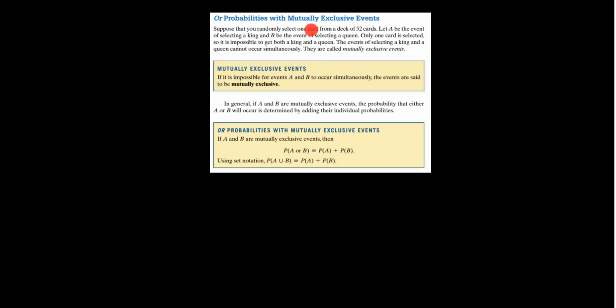So the example up here given is, well, if we have a 52 card deck and I want to figure out the probability of drawing a king and a queen, but I can only draw one card, well, then they're mutually exclusive. Well, not neither, but we cannot do it simultaneously since we're drawing one card.